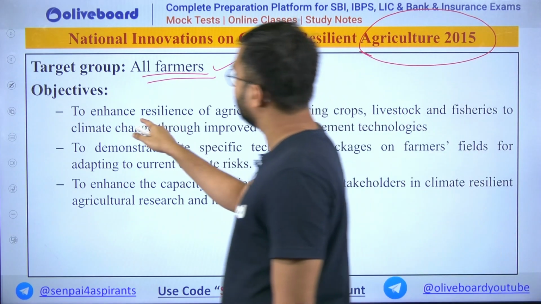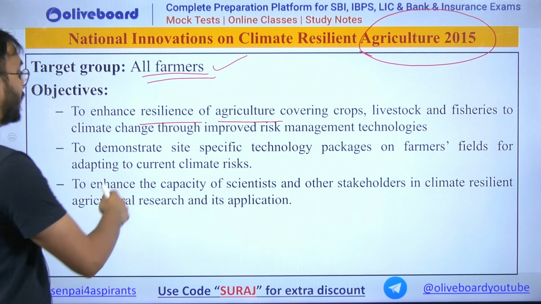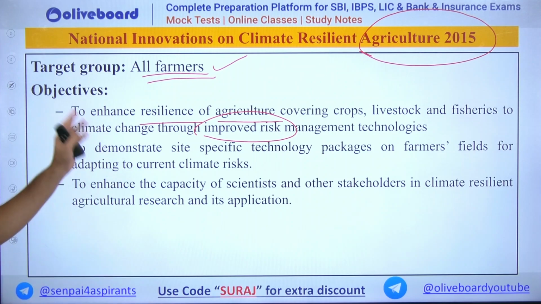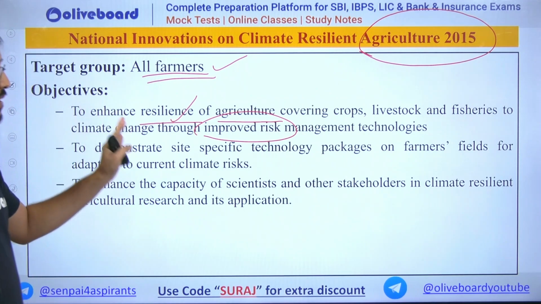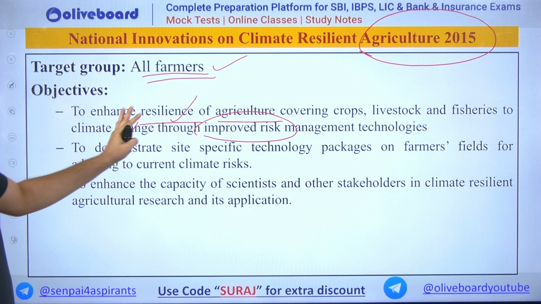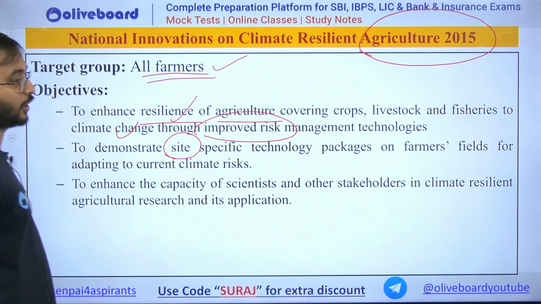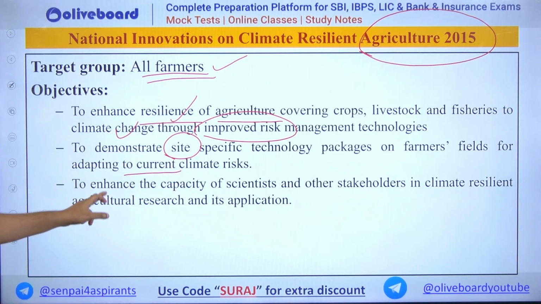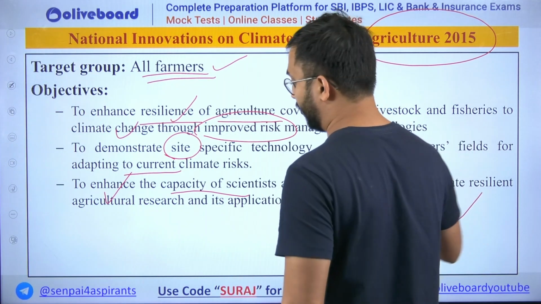To enhance the resilience of agriculture, covering crops, livestock and fisheries, to climate change through improved risk management technologies; to demonstrate site specific technology packages on farmers' fields for adapting to current climate risks; and last, to enhance the capacity of scientists and stakeholders in the context of climate resilient agricultural research.